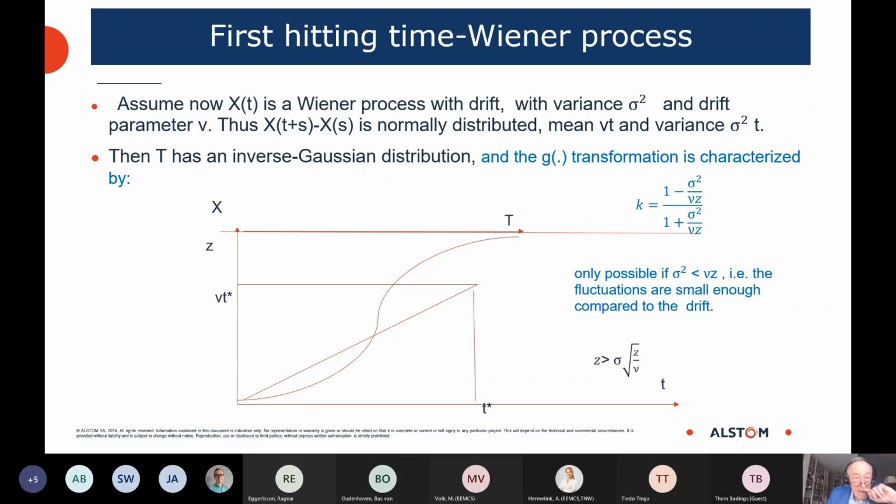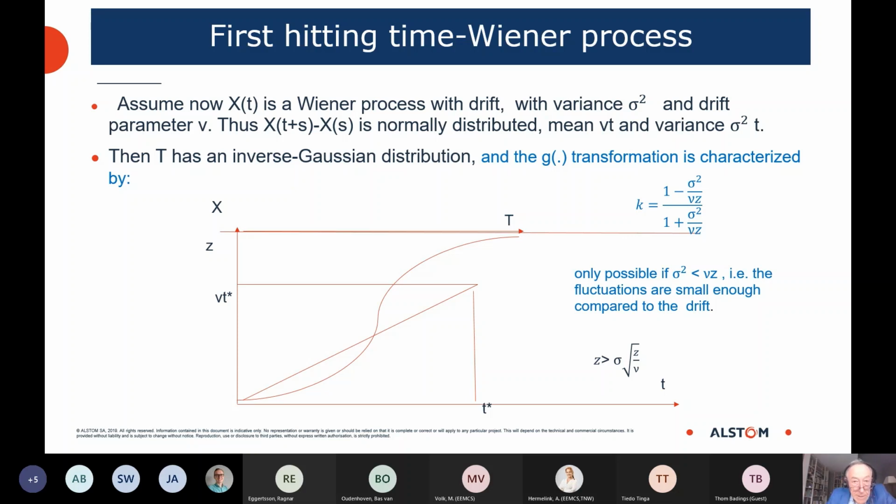And for instance, if we model the process as a Wiener process with drift, it has a variance, let's say sigma square, and a drift parameter nu, which means that the increment is normally distributed with mean nu t and variance sigma square t. And then the time to reach the threshold has an inverse Gaussian distribution, which is well known.